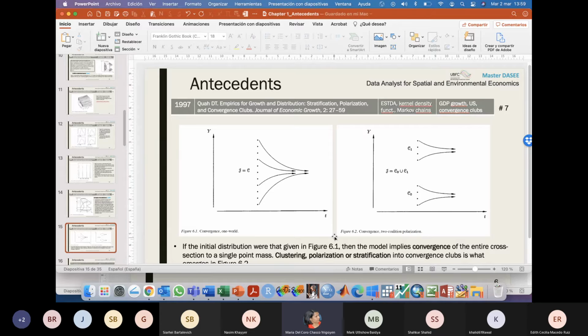So it is important, when you represent the kernels of the cross-sectional distributions in different periods of time, that you understand the shapes, because the analysis of the shapes will give you a very important message. And it is not a model, but it prepares a model.